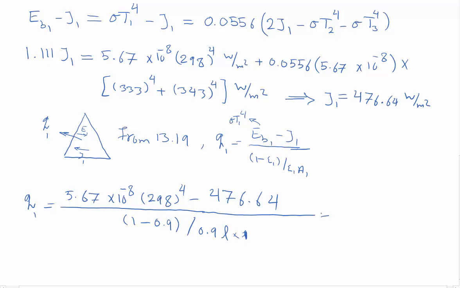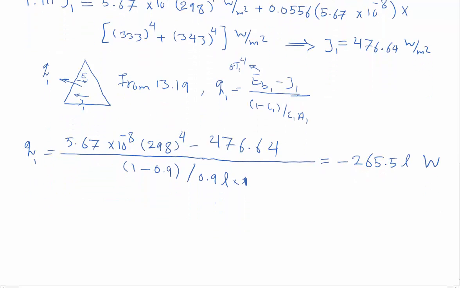Finally, you solve this and it gives you minus 265.5 L watts. If you want to know the rate of radiation per length, which is Q prime 1, Q prime 1 is just Q1 over L, and it will be negative 265.5 watts.